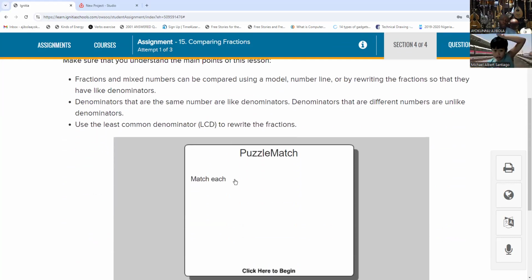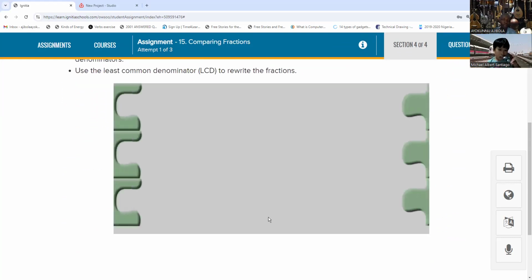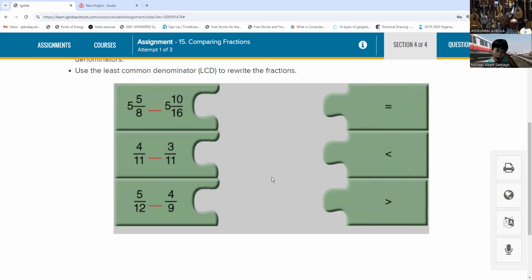Okay, this is a puzzle that we want to match. Let's see what it is. Look at the first one. They are both 5s, okay? Are you seeing this? I want you to concentrate on this because you're going to do this now. So 5s, look at the first one.